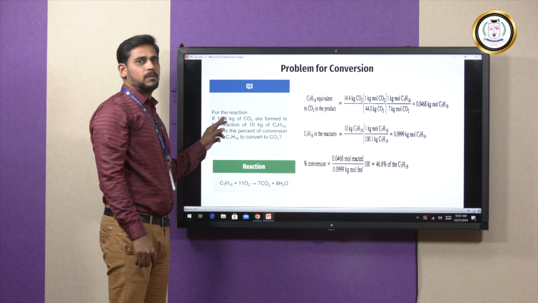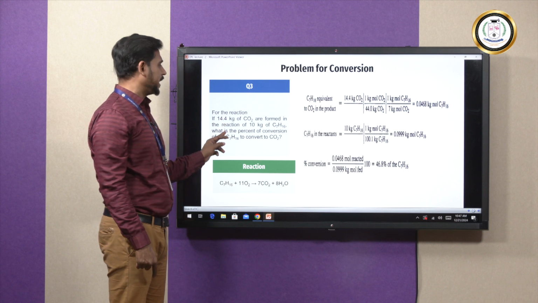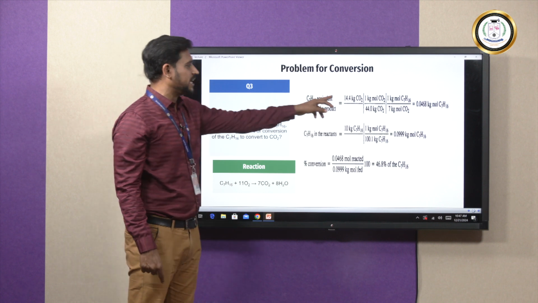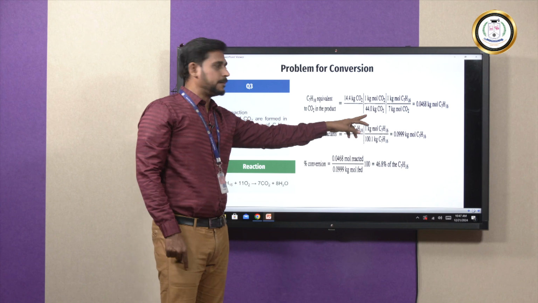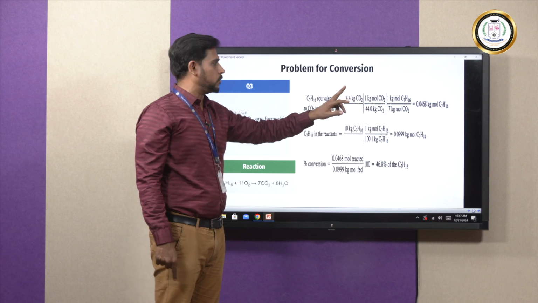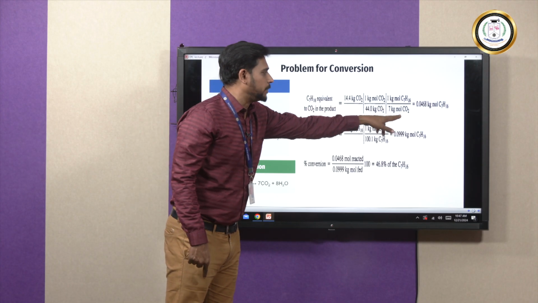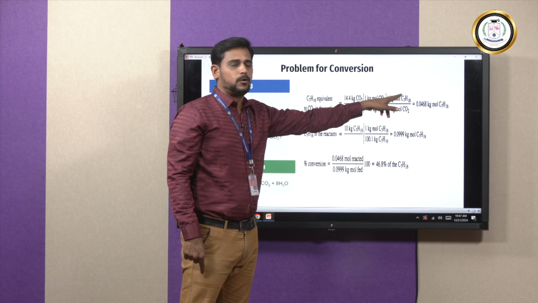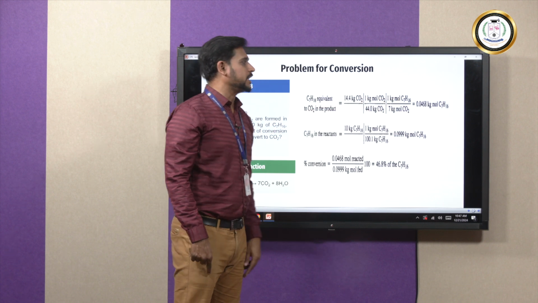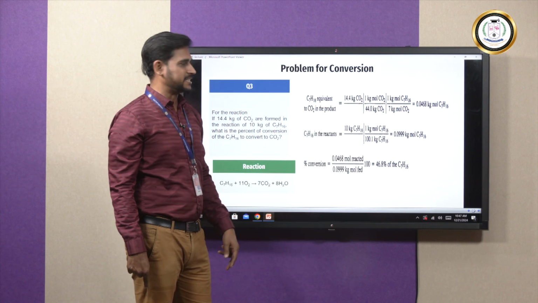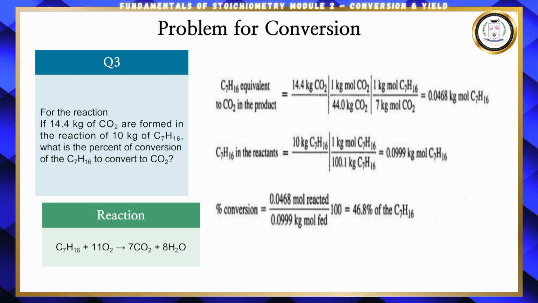Convert into moles. Moles is equal to weight by molecular weight, that is 14.4 kg of carbon dioxide divided by 44 kg per kilomole. 1 mole of C7H16 requires 11 moles of oxygen and will produce 7 moles of carbon dioxide. So 7 moles of carbon dioxide is produced for 1 kilomole of C7H16, which gives 0.0468.